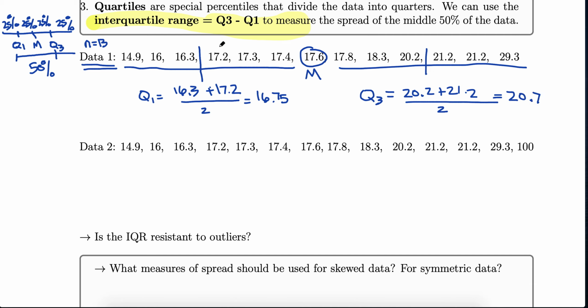So again, this breaks my data into 25% chunks, and the IQR, what we're looking for here, this measure of spread, instead of being the range of the entire data set from largest to smallest, we're bringing it in and looking at the range or the spread of this middle 50% here, Q3 minus Q1.